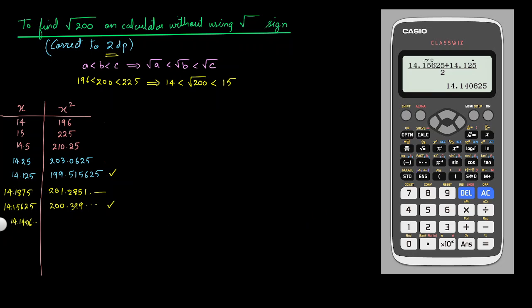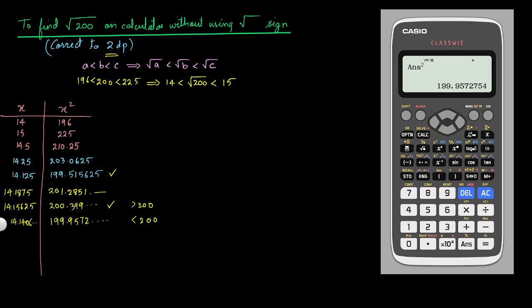So now square of this gives me 199.9572. So now it lies between 14.140625 and 14.15625. This is going to be less than 200, and this is more than 200. So definitely the root is lying between them.